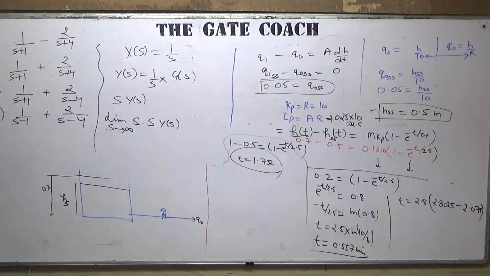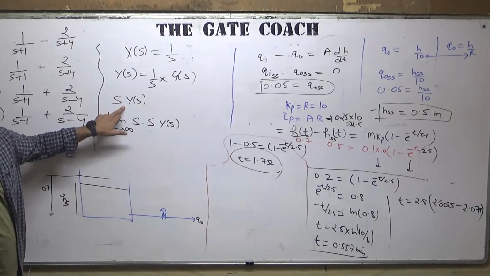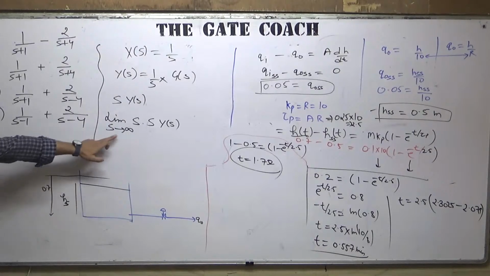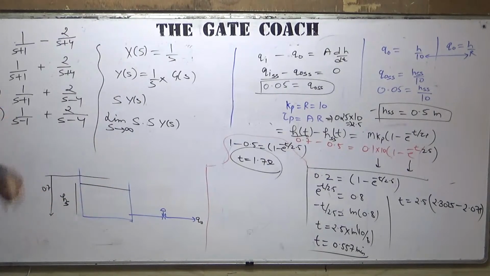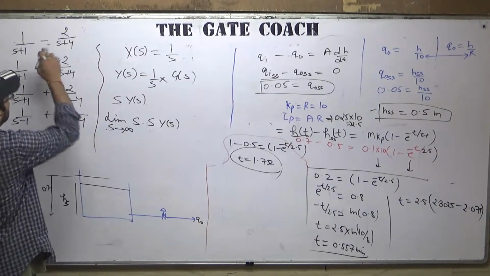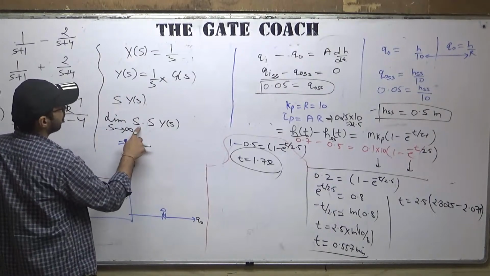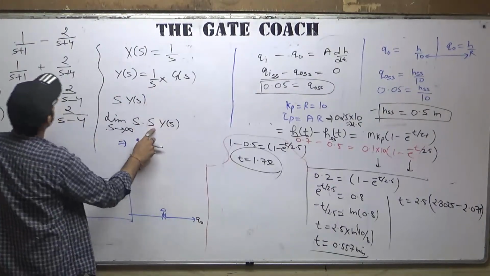They are asking about initial slope, so first we have to take the slope, which is s into Y of s, with s tending to infinity when t is tending to 0. For the first part, this s gets cancelled with the s in the denominator, and the other s is left.